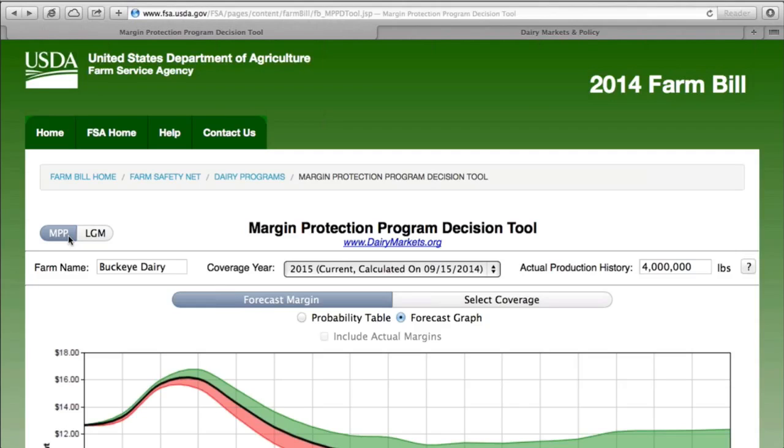In the same fashion, with MPP Dairy, once you pay your premiums, if the announced margins are above your farmer-selected coverage levels, it expires worthless, and you've paid your premiums to the program. But similar to an option, if there's value to it, it will make a payment to you. You will be indemnified for the difference between your farmer-elected coverage levels and the announced MPP margin.